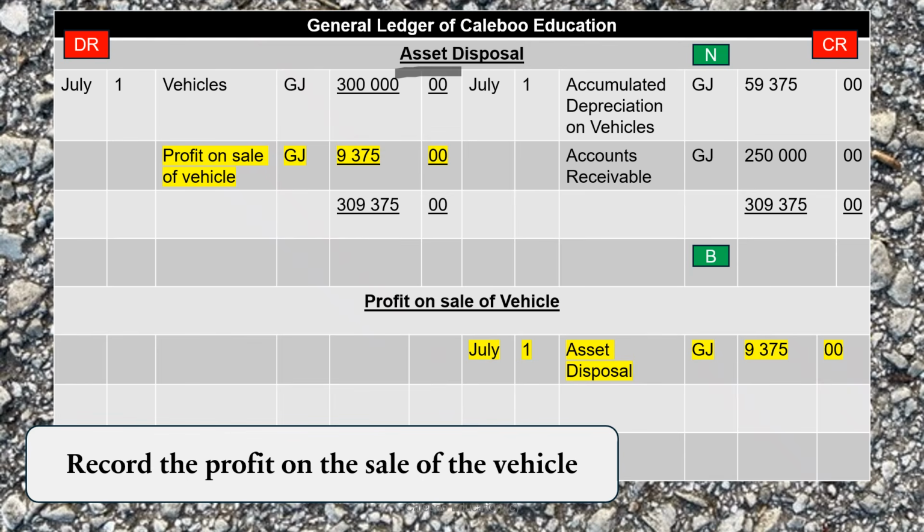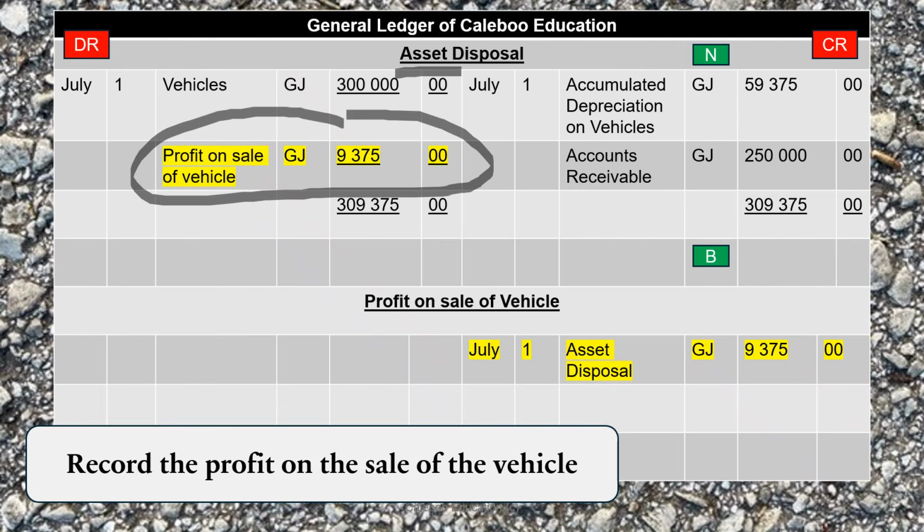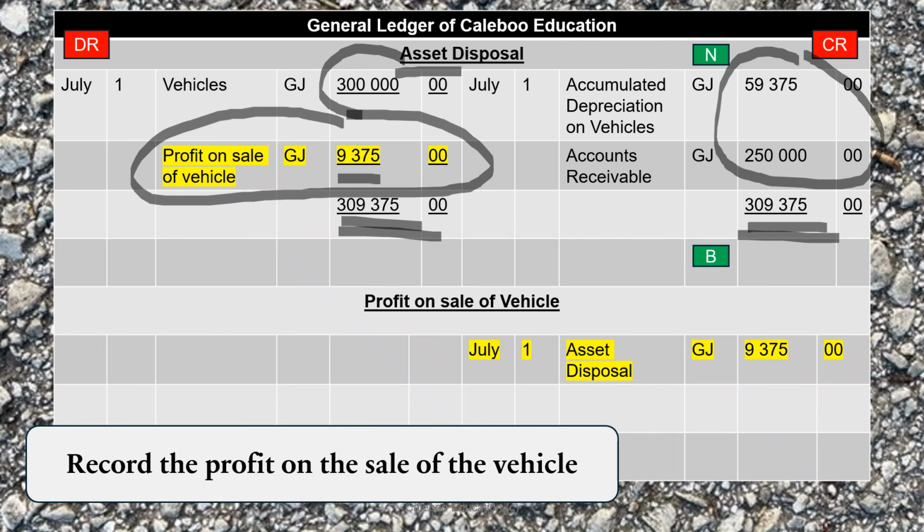Here's the asset disposal account, and what I was talking about there is that profit. So this 9375 is the balancing figure to make the two sides equal, and that is actually representing the profit. So we added up the credit side and we subtracted the debit side.